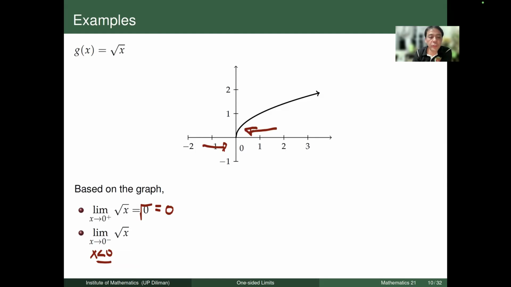No, it's imaginary. So we say this does not exist. Conclusion: the limit as x approaches 0 does not exist. Okay, although the limit from the right exists, it is equal to 0.